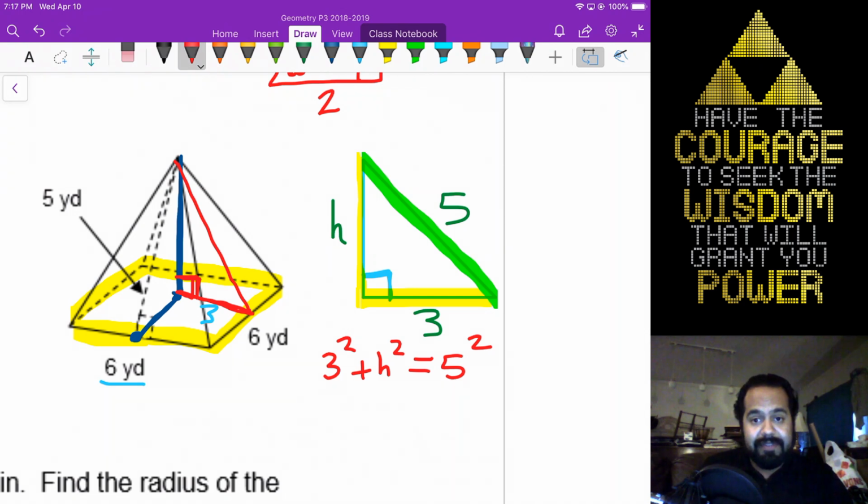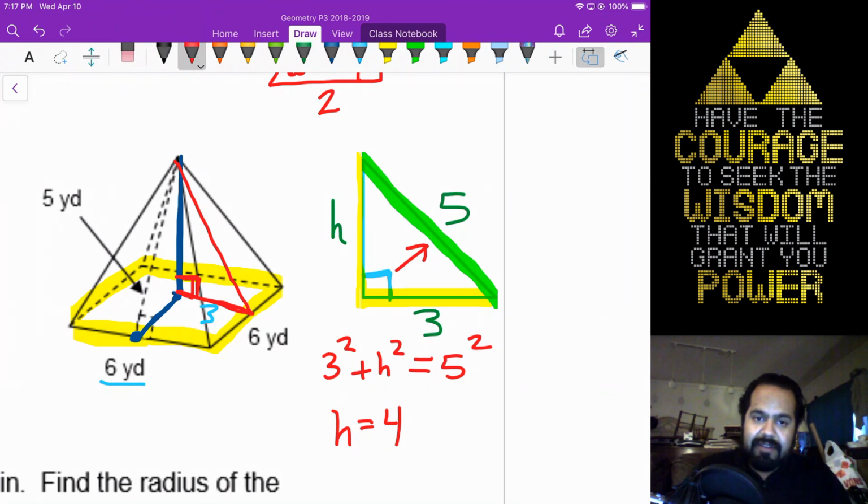If it's your longest side and it's across from the right angle, you've got to put it by itself in the equation. Okay? So if you notice that this is a Pythagorean triple, you'll know that h is 4. If you didn't see that, you can solve out the rest of the work. We'll get the value of 4 from there. So my height of my pyramid is 4.